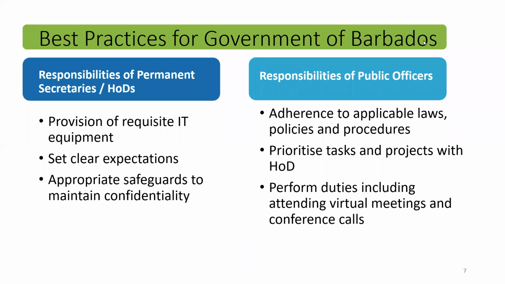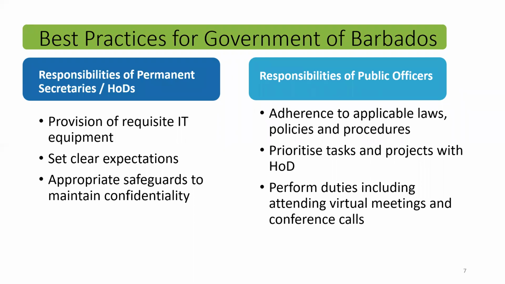And the public officers must make themselves available and plan to attend virtual meetings, participate in conference calls, and be prepared to come into the office if that is required to get the task done. So, as I would have said, we have responsibilities as workers.